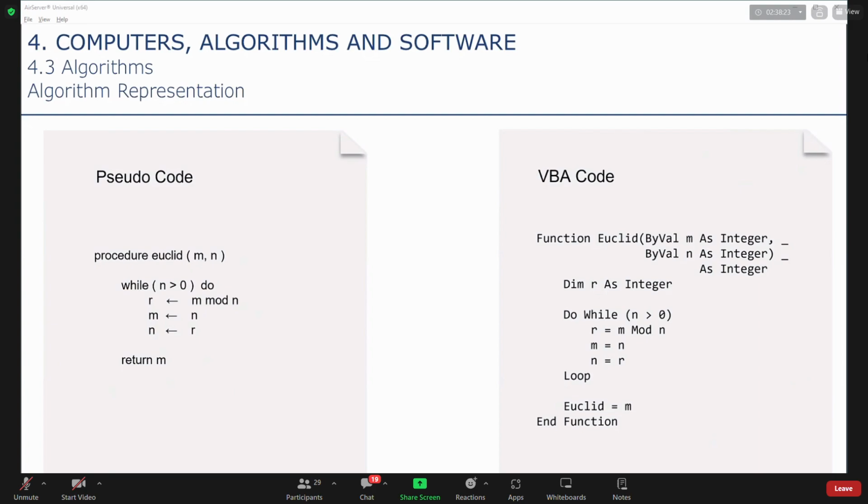You're dimensioning in the function r as an integer, and while n is larger than 0, you're doing these calculations, you're closing the loop, and if not, your Euclid, which is the result of your function, is m. And now let me just show you that one in Python.